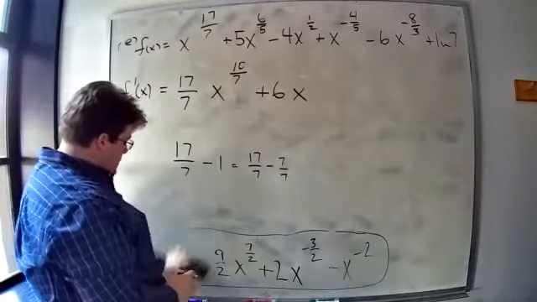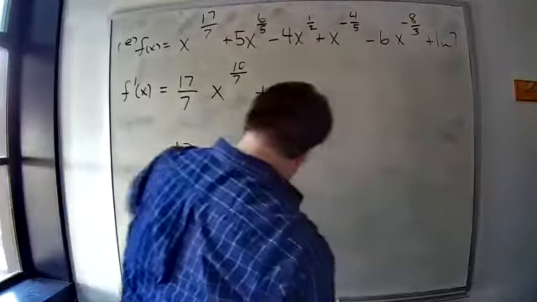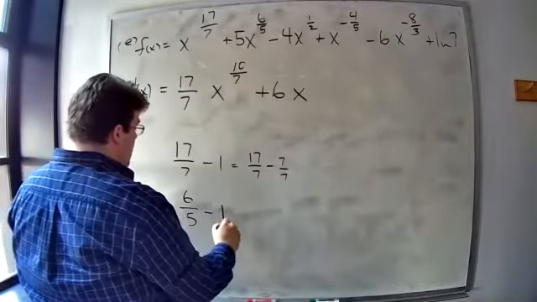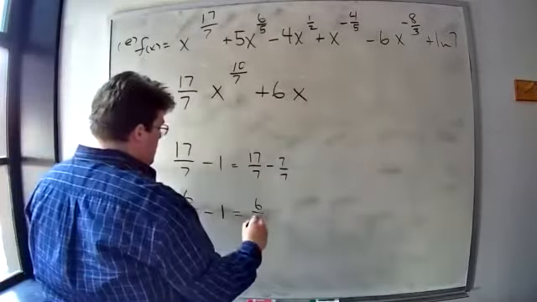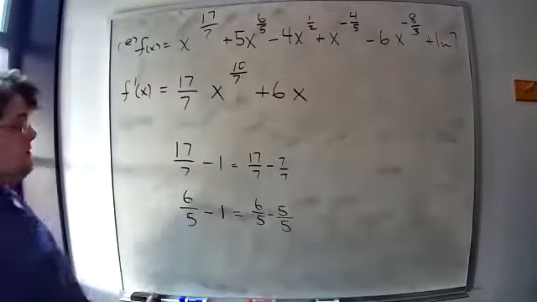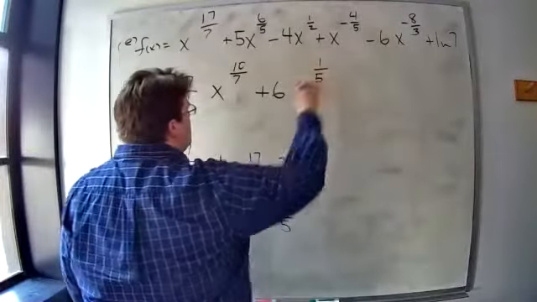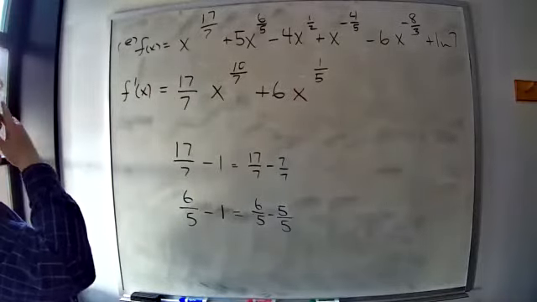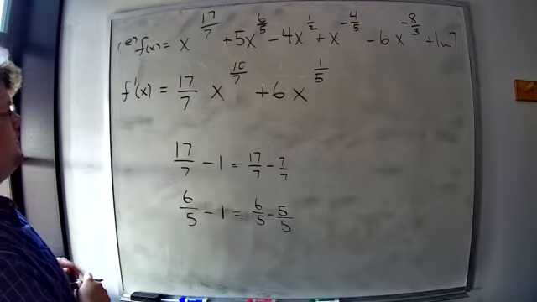And next we need 6/5 minus 1. Well, 1 is 5/5. 6 minus 5 is 1. So we have plus 6x to the 1/5. Any questions about those first two parts of this?